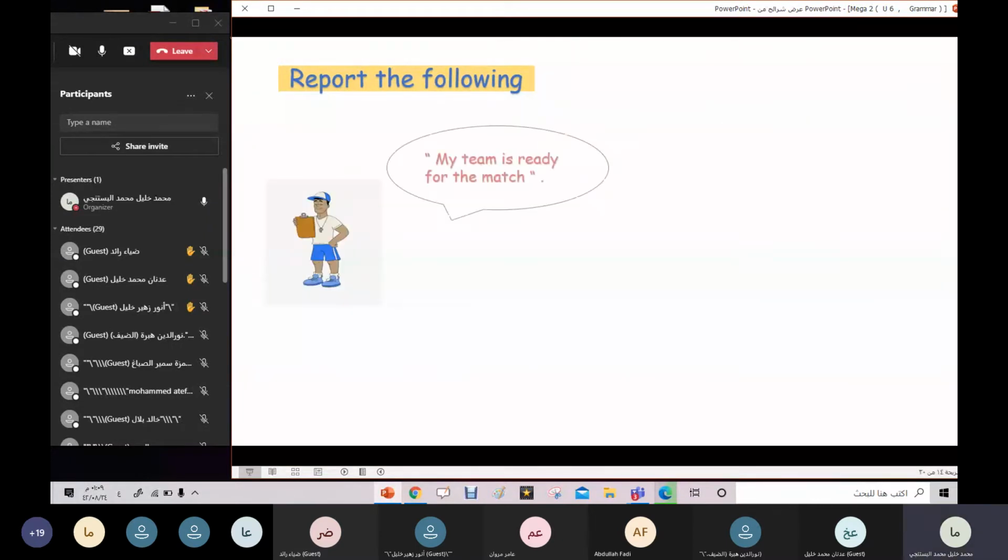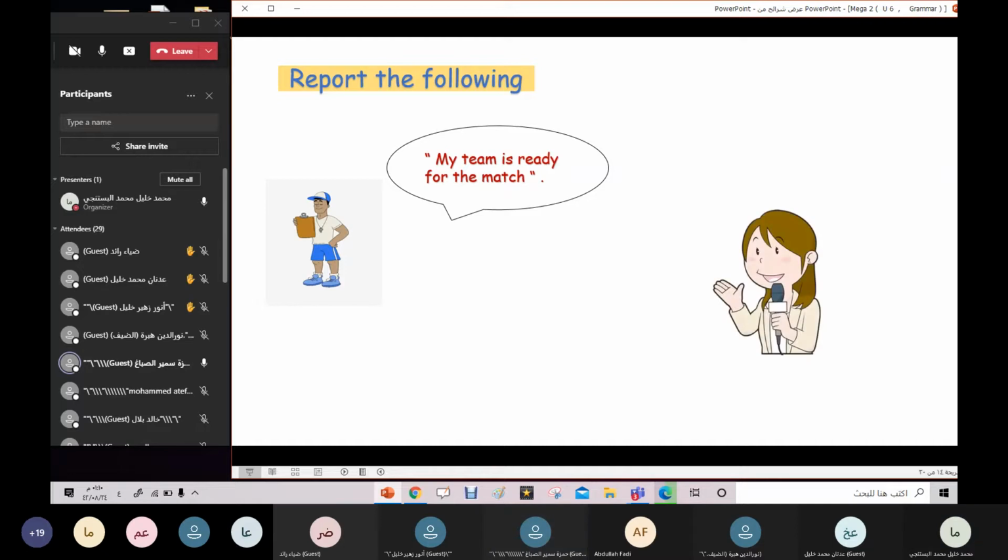My team is ready for the match. You can try. Hamza, are you here? Yes, teacher. He said our team is ready for the match. He said that his team. Here we have simple present change into simple past.